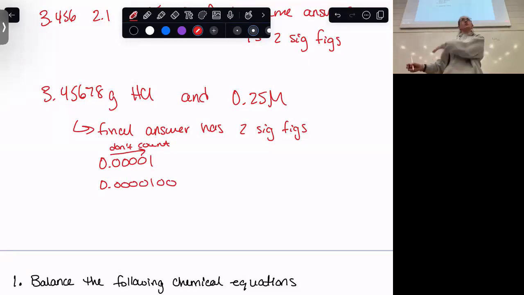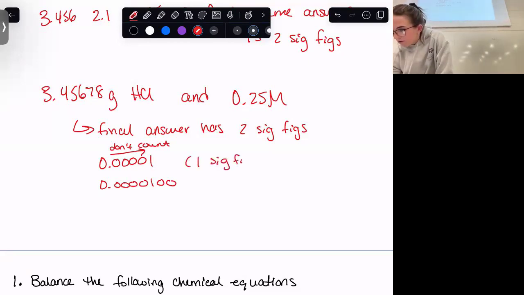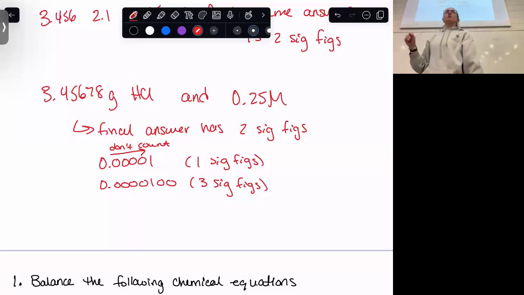If we have now 2 zeros following, we now have 3 sig figs, because the zeros don't count until that first non-zero number, and then they count all afterwards as well.